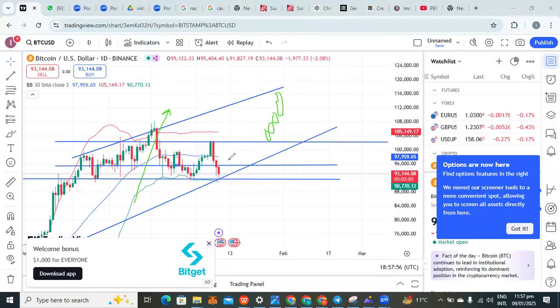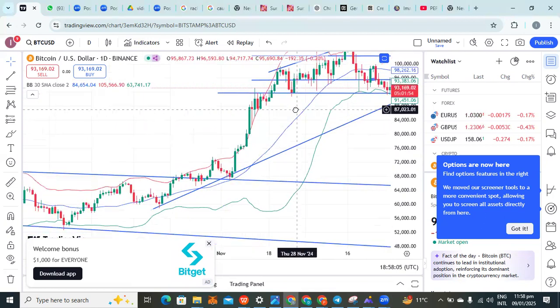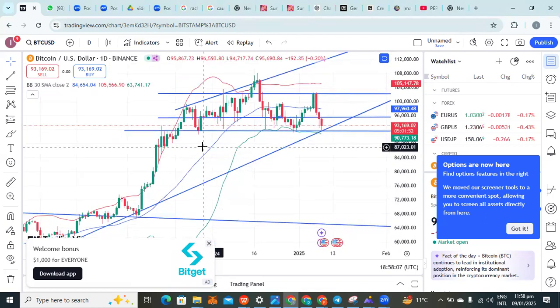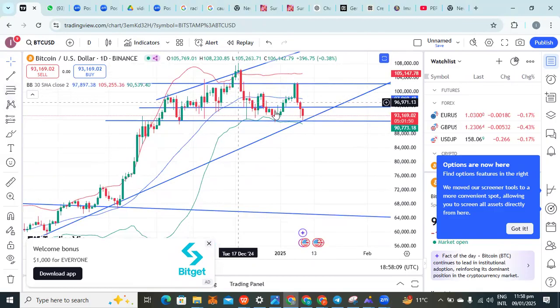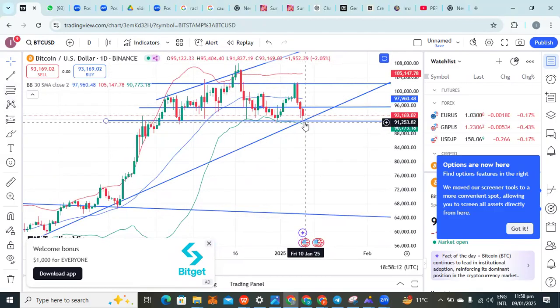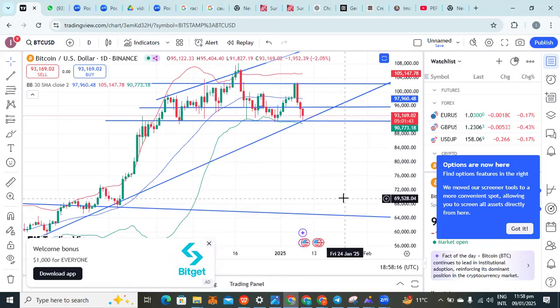Double top is a reversal pattern. So anytime you find a double top, that will tell you that the trend of BTC is now reversed. BTC has been in an upward trend for a very long time. So if it breaks this key level, then this whole trend can reverse, and BTC could be bearish for many, many days.